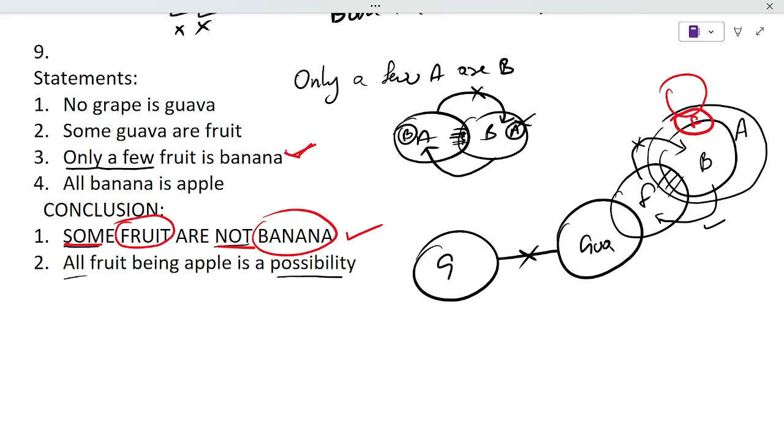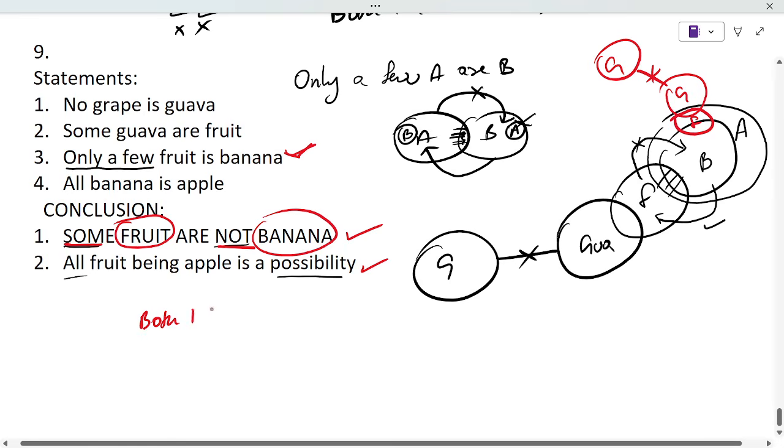This is fruits, this is the other set, and that can touch grapes, right? All fruits can go inside apple. We're not violating any statement. So if we're not violating any statement in terms of possibility, that means it is true. So here both 1 and 2 follow.